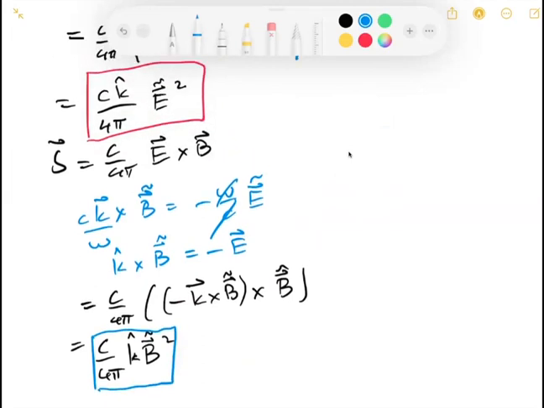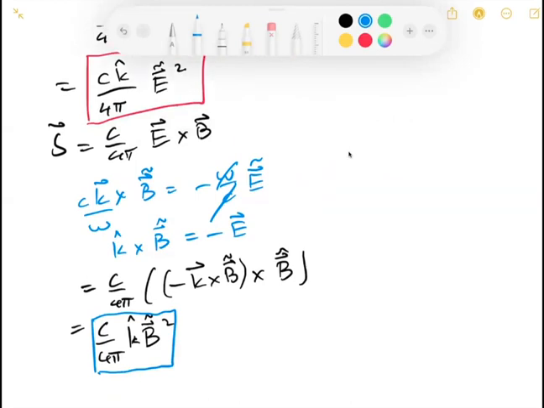And of course, because it is the same Poynting vector, these things should be identical, because the power carried by an electromagnetic wave doesn't depend on whether you write it in terms of E or B. But you'll notice, hopefully, that the expressions are identical.